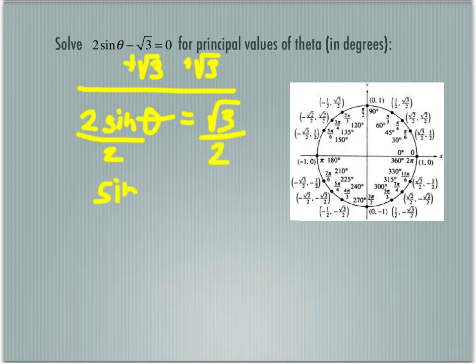So I'll get the sine of theta equals the square root of 3 over 2. Now we know or see that there are a couple places where that occurs. Sine again is my y-coordinate. So up here at 60 degrees, and also over here at 120 degrees. But as we can see, here's that principal value idea.